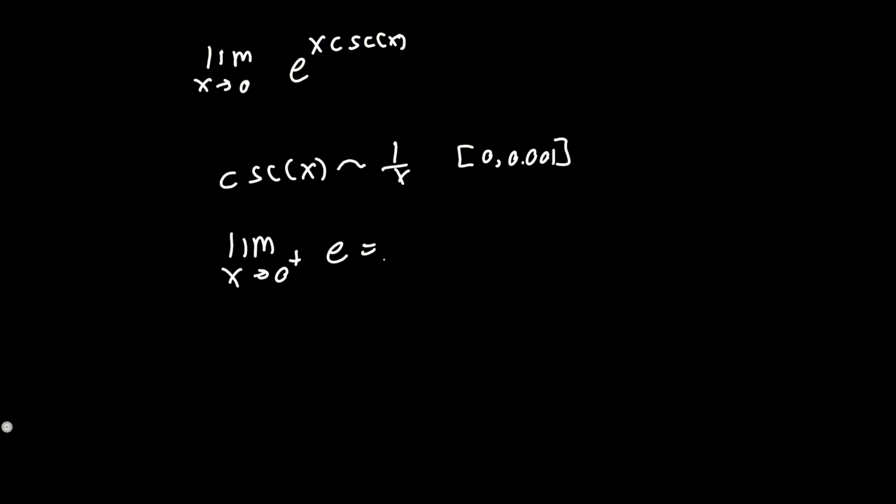And the limit of e as x approaches anything from any side is going to be e. So our original limit is e. It's just a matter of being able to determine whether a function is asymptotic to another function that could make our process of evaluating limits easier.